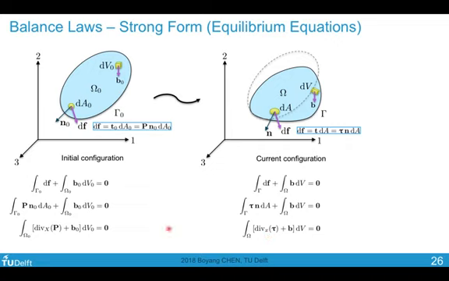And because this is valid for an arbitrary domain omega 0, we could take the full domain or just part of it. So the integral must be 0 in both cases, which means that this will be the so-called equilibrium equation for our body at each material point. This needs to be satisfied at each material point in the body.